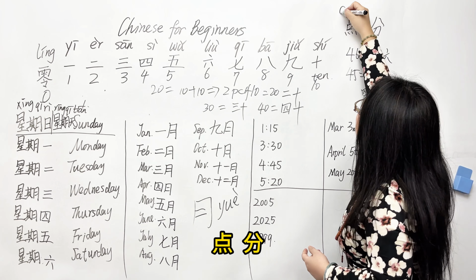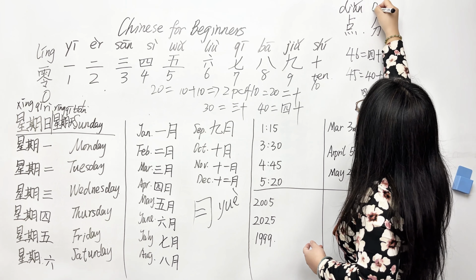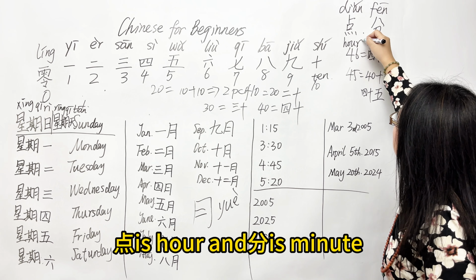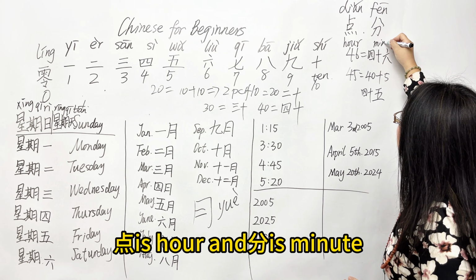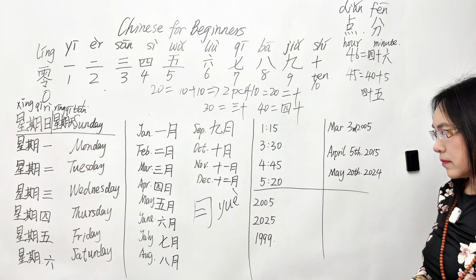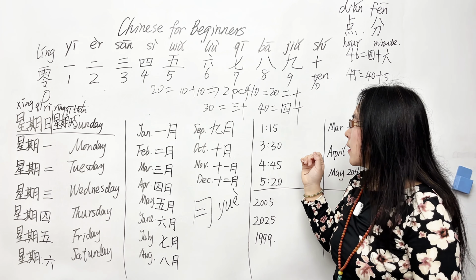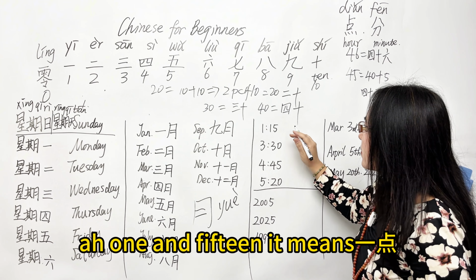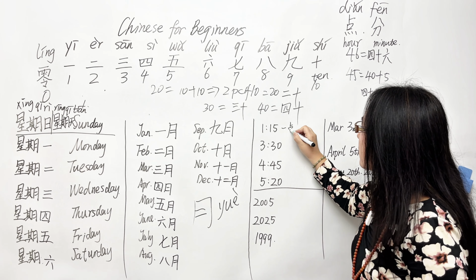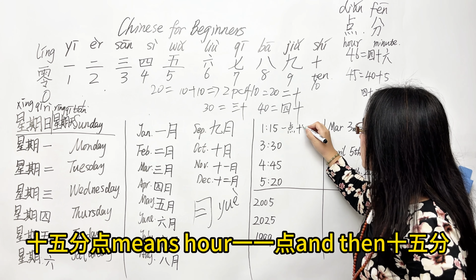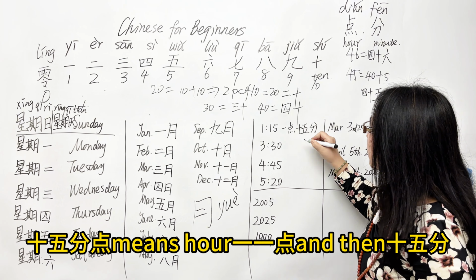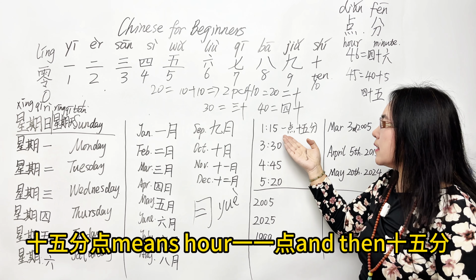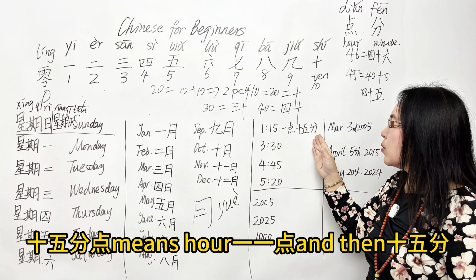And then if we speak time, we learn another word, that is 点, and 分. 点 means hour and 分 means minute. So 1 and 15 is 1点15分. 点 means hour, 1点, and then 15分.